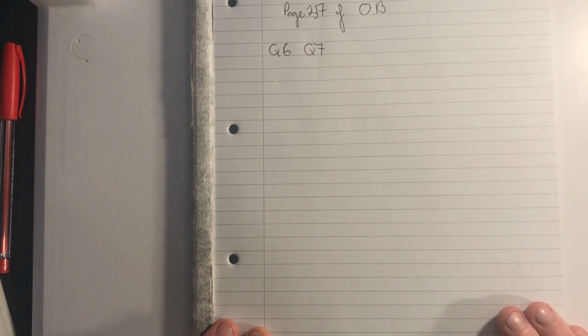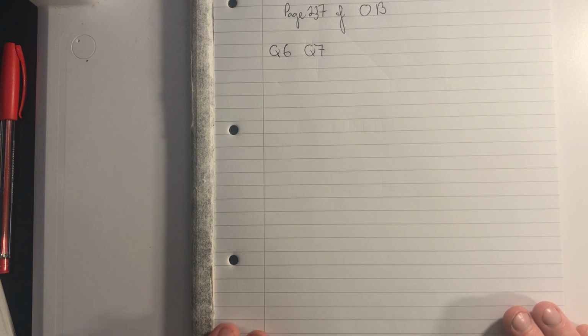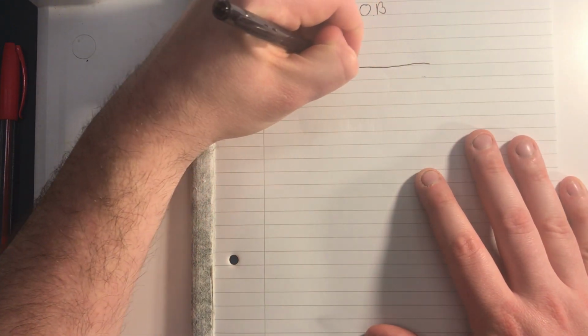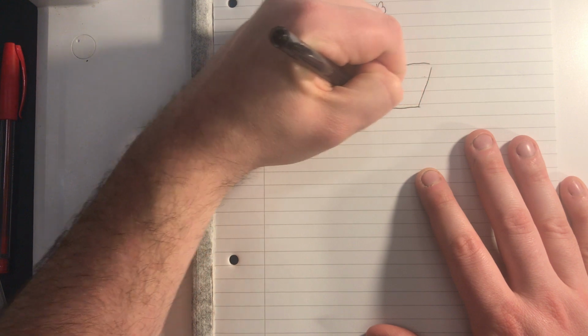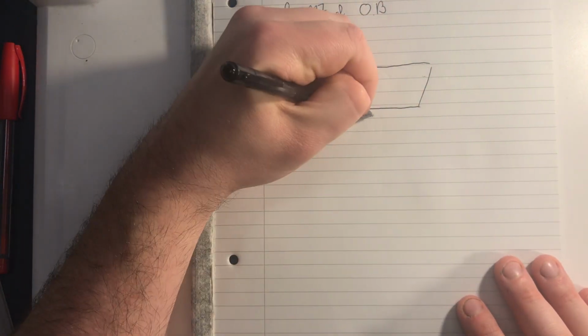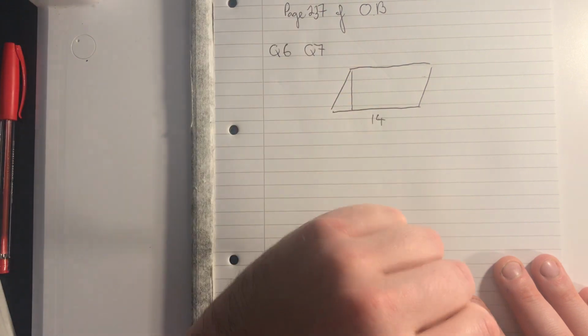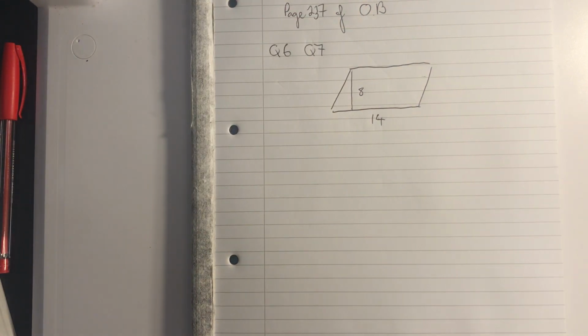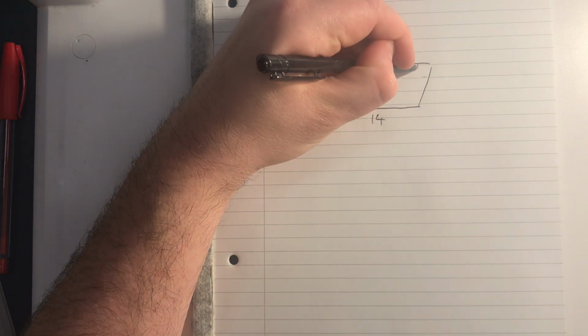Okay, so find the area of each of these parallelograms. So our first parallelogram looks something like that, and it's 14, and we're told that that distance there is 8. Now, this is where it becomes quite nice, okay? I'm going to imagine we draw a line like this.